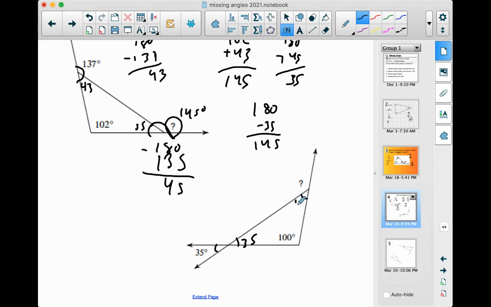So I know that this is 45 degrees. Okay. All right, now that I know that, that lets me use supplementary angles. Because again, these make a straight line. They have to add up to 180. So 180 minus the 45 gives me 135. So that is the size of that angle.